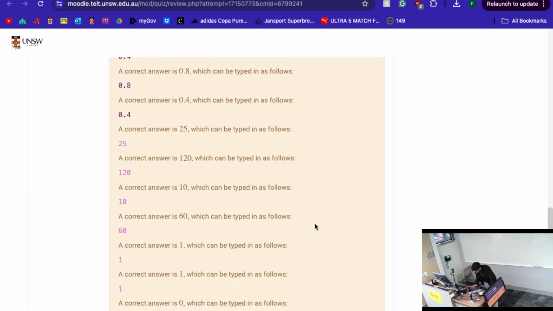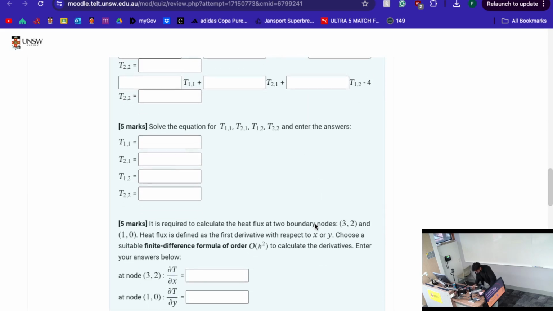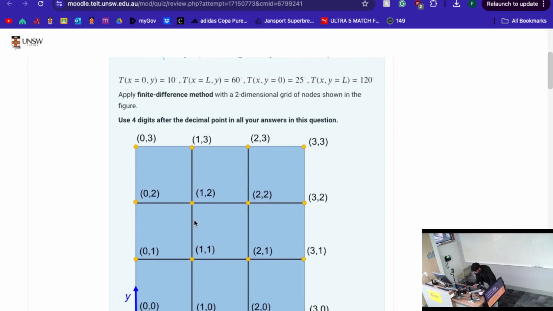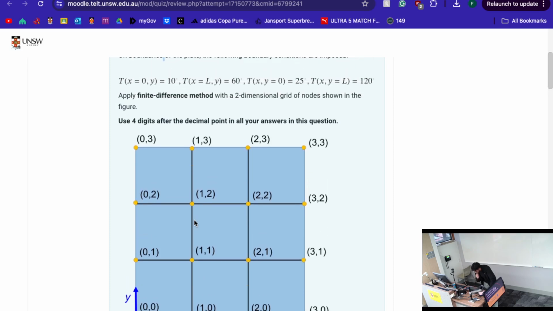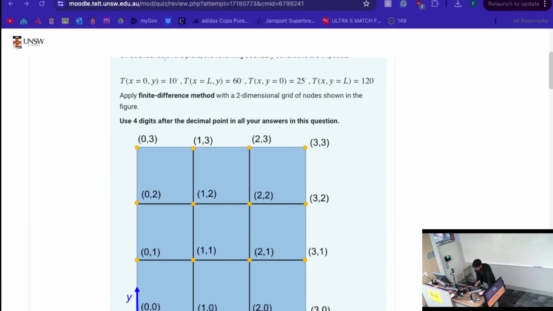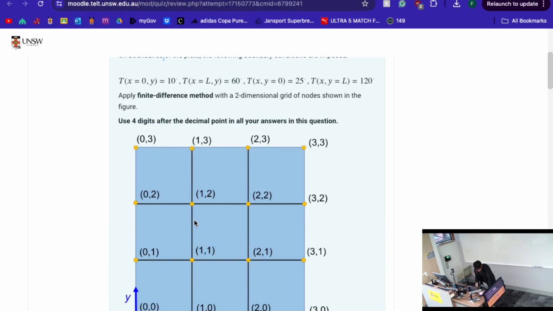Then at 1, 0, down here, you would get 25, right? Everyone see that? Then we're trying to find that delta T on delta x.